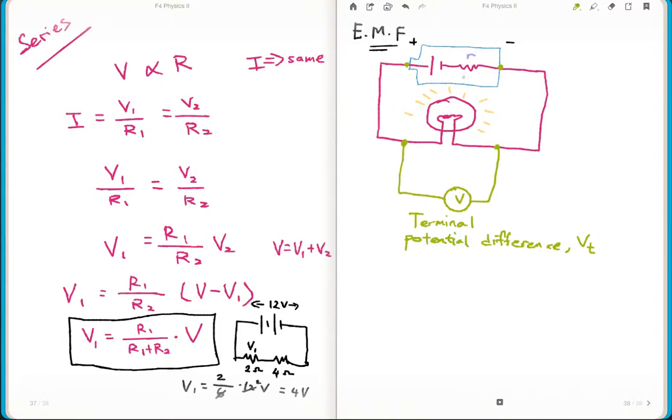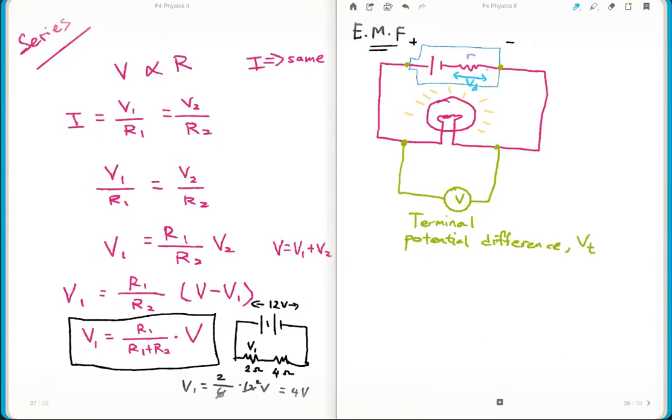Then how about the one here? There is a voltage drop from here to here, inside the cell. You can't really put an ammeter or a voltmeter across it. So the one here is called voltage drop, V small d, drop. It's the work done by the source during one coulomb of charge through the cell.